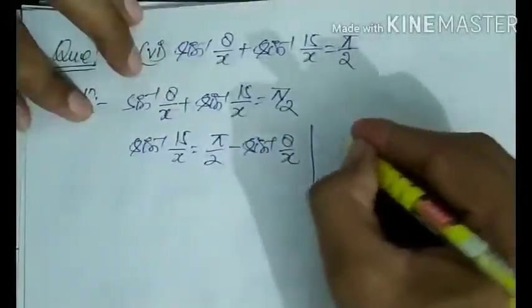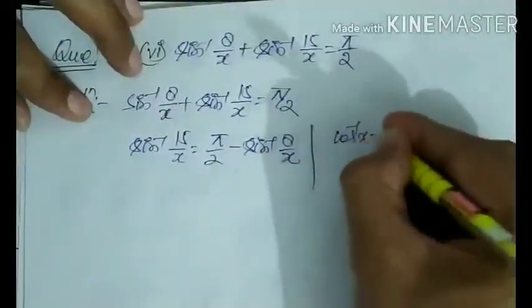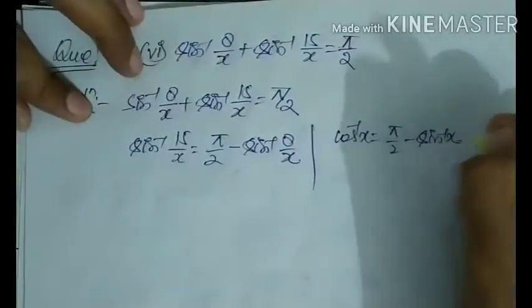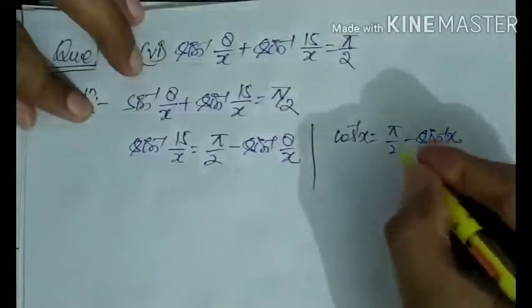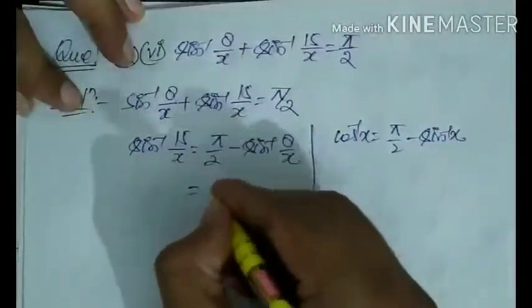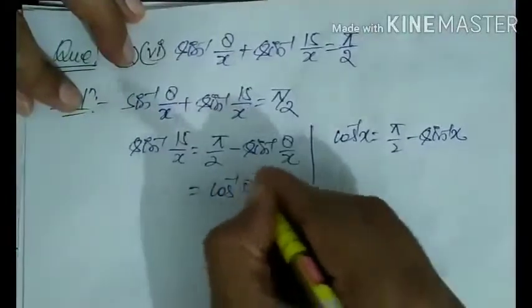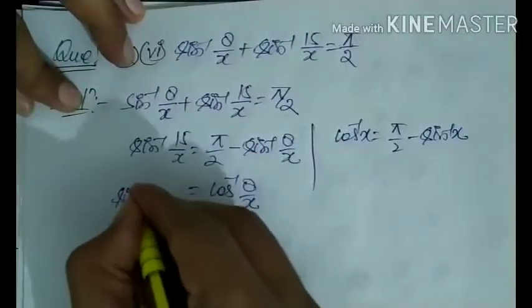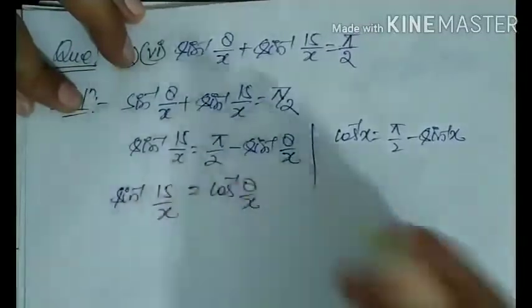Since we know the formula cos inverse x equals pi by 2 minus sin inverse x, pi by 2 minus sin inverse x will be cos inverse x. That's why it will be cos inverse 8 by x, which equals sin inverse 15 by x.